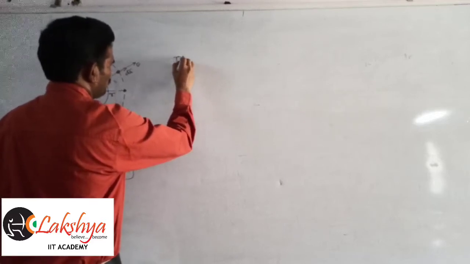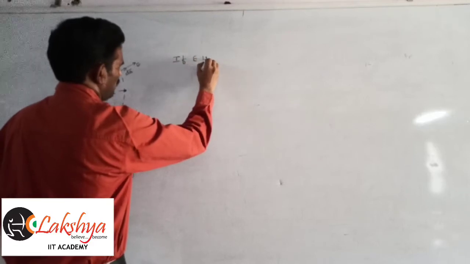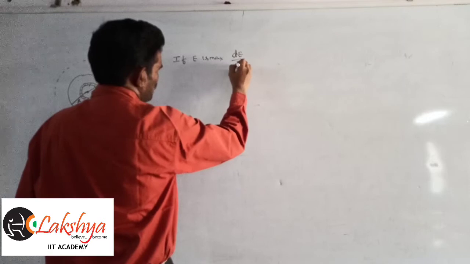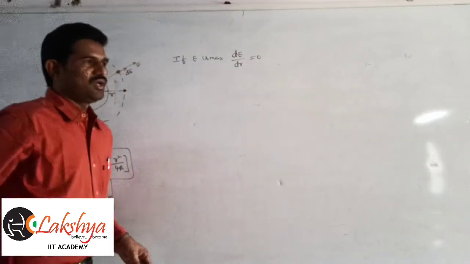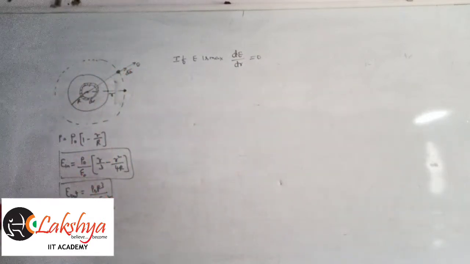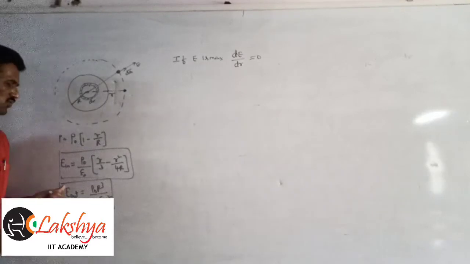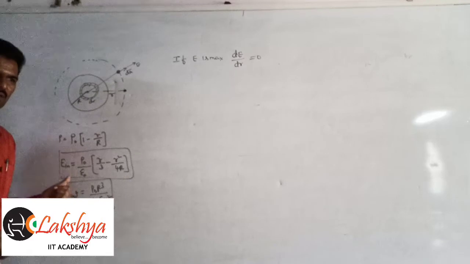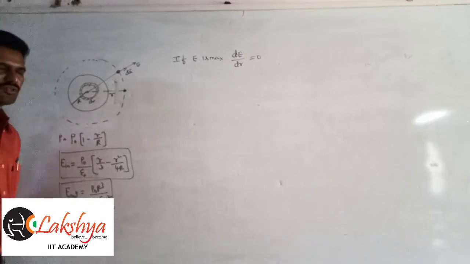If E is maximum, then we know that its differentiation should be equal to 0. There is a possibility for the maximum only inside, because outside it is a continuously decreasing function.